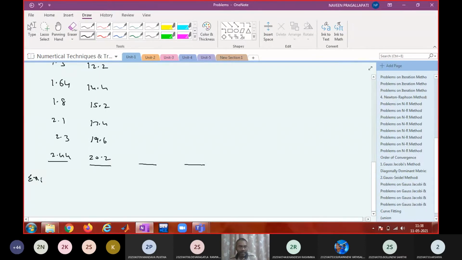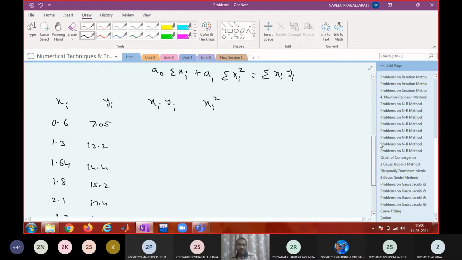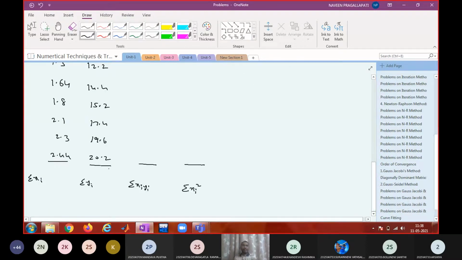This will be sigma xi, this will be sigma yi, this will be sigma xi yi, and this will be sigma xi square. Compute and tell me.